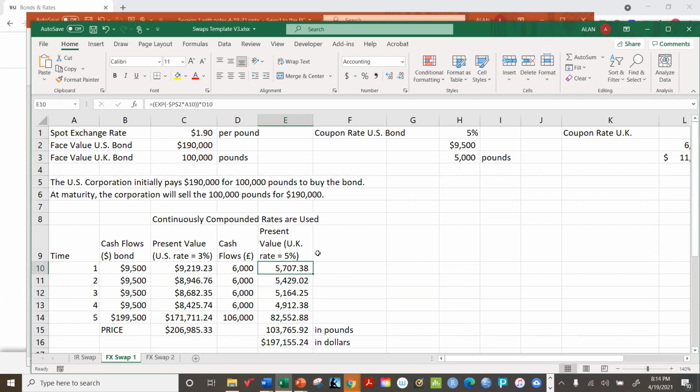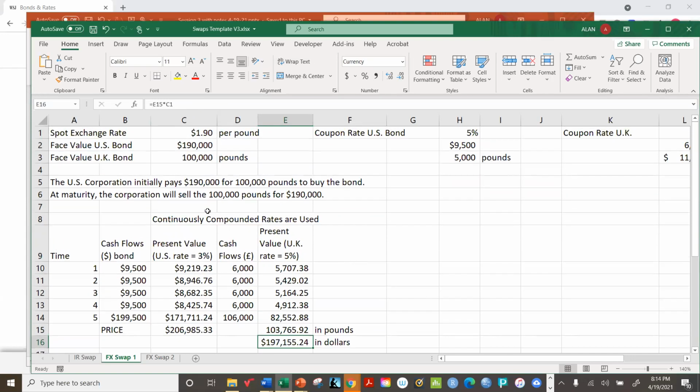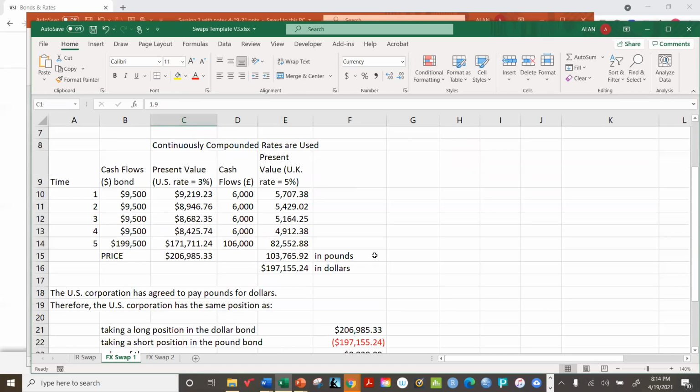And here we're discounting all these cash flows with continuously compounded rates, but this time the rate itself is 5% instead of 3%. So we add these up and we get a pound price for this bond, but we have to convert this into dollars by using the spot exchange rate of $1.90 a pound.